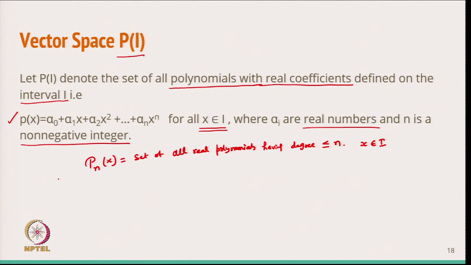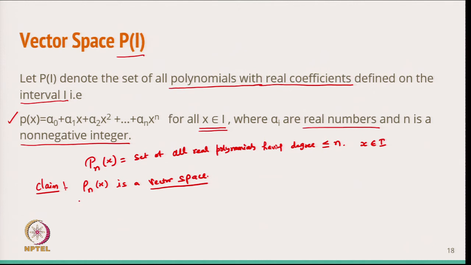Now, my claim is that P_n(x) is a vector space. Okay. So, the question is, if it is a vector space, under which operations is it a vector space.